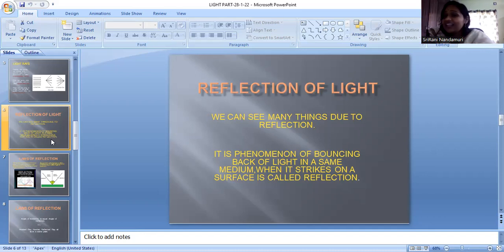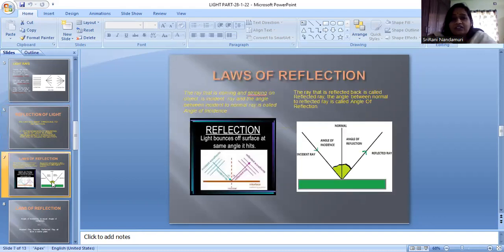Here, the same concept applies: one light ray is coming and striking the surface, and with the same force it is bouncing back. When the light ray is coming and hitting the surface within the same medium, it bounces back with the same force. Here, let me show the diagram.